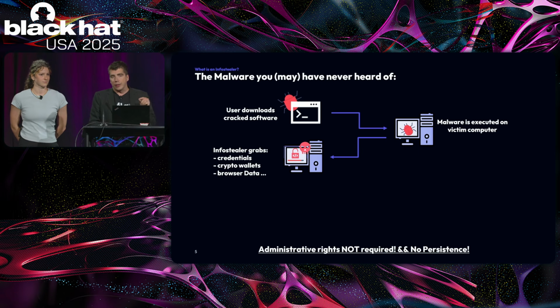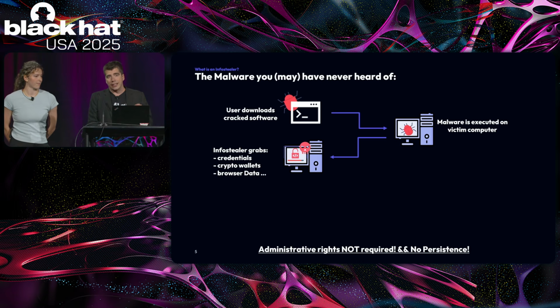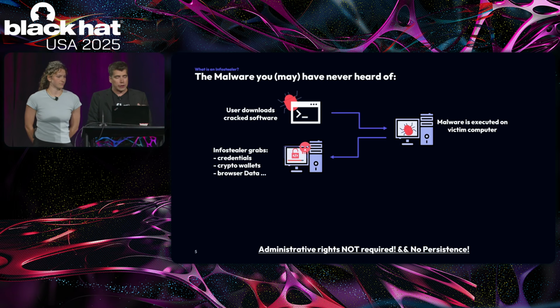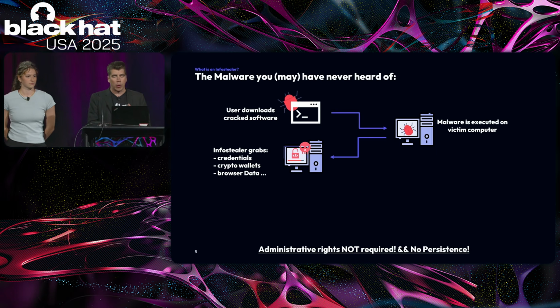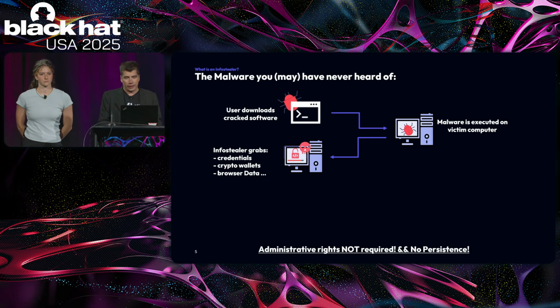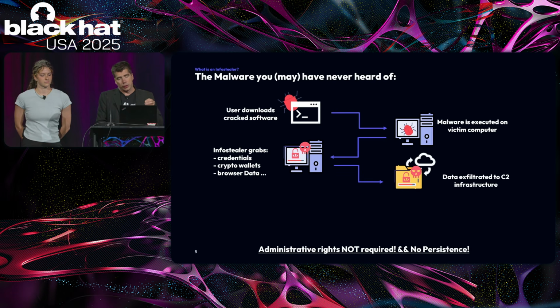It doesn't require administrative rights, although if it has it, it will steal even more. But so it grabs credentials, crypto wallets, password managers information, like everything it can get about the system, clipboard, and many other things. These things are then packaged up and uploaded to C2 infrastructure, most often Telegram.